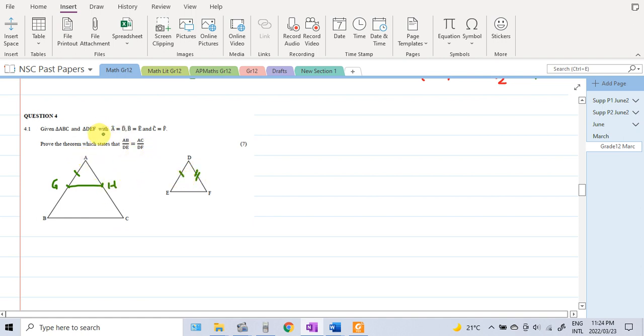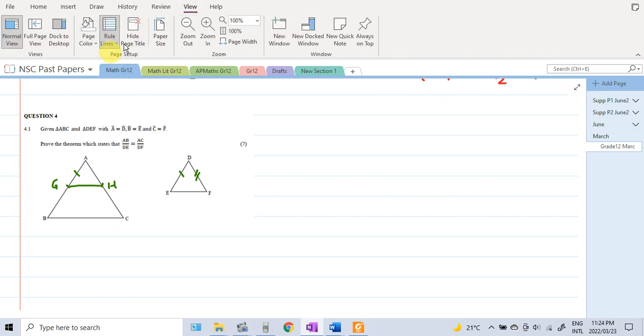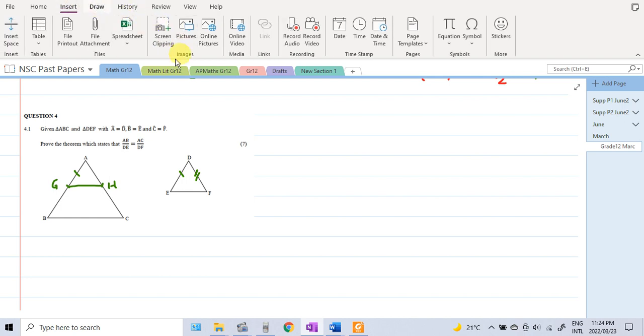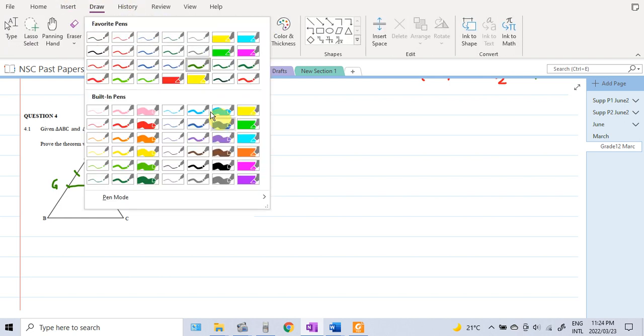The reason being is because this is a very famous similarity question, similar triangles proof, and is very simple because the angles are all given.